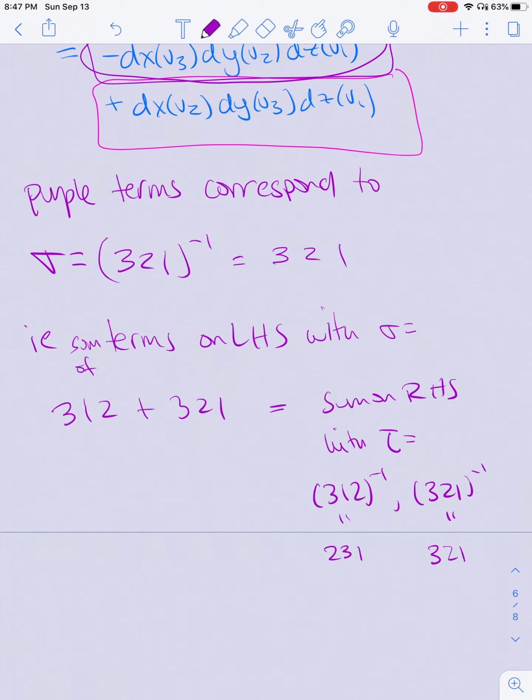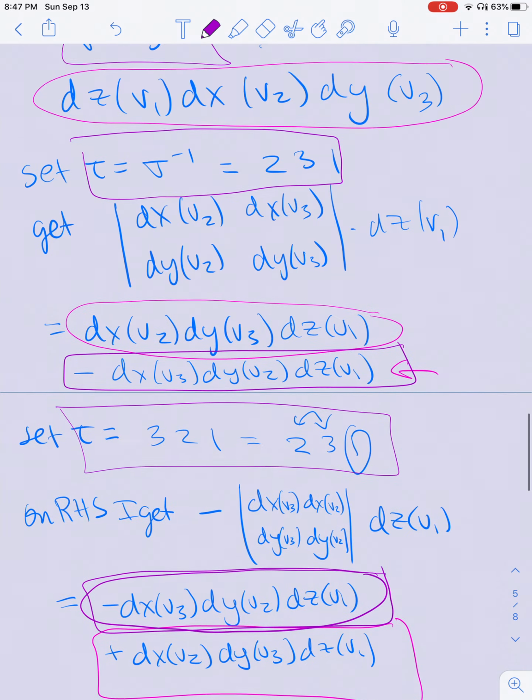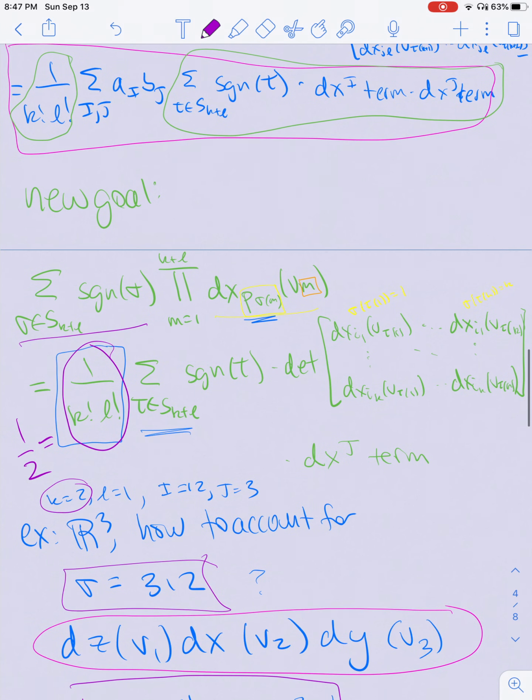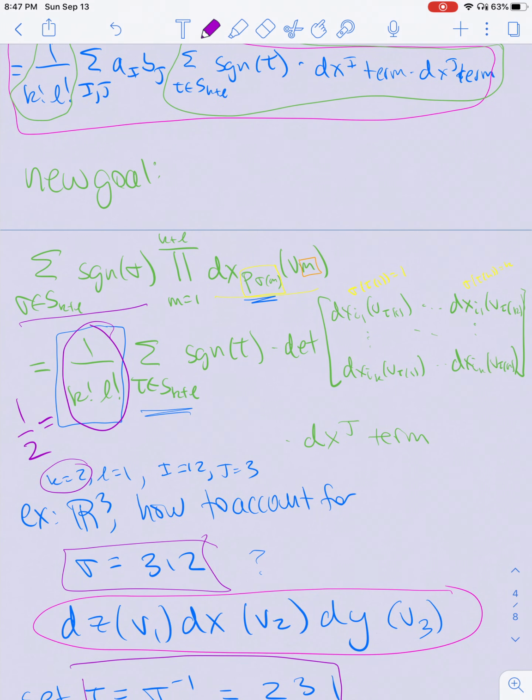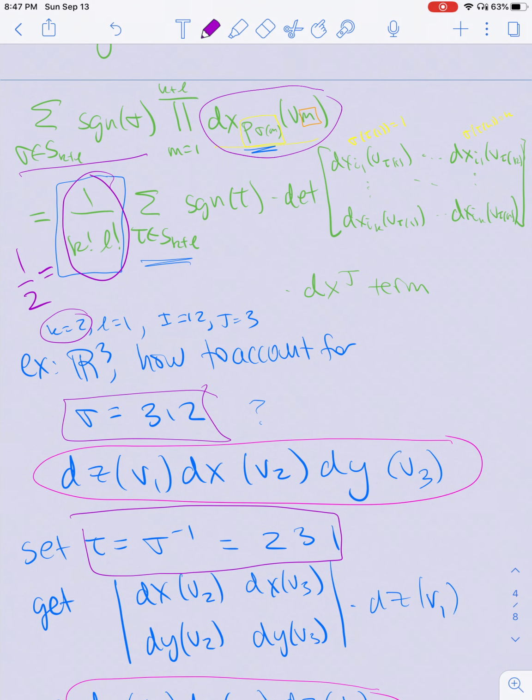Okay, and everything is accounted for because basically what's happening is that on this side, every time I see one of these terms, when I set tau to be the appropriate thing, I get that term. When I set tau to be sigma inverse, I get that term along the diagonal. And I also get all these extra terms.